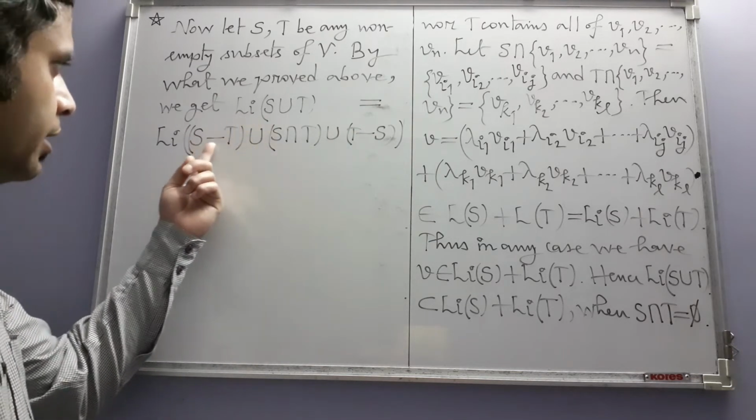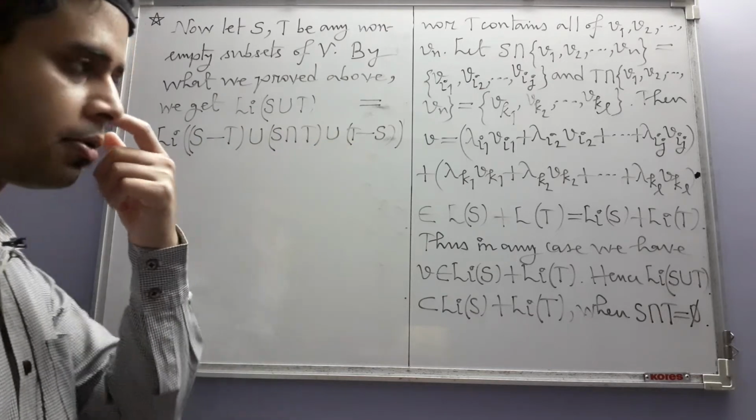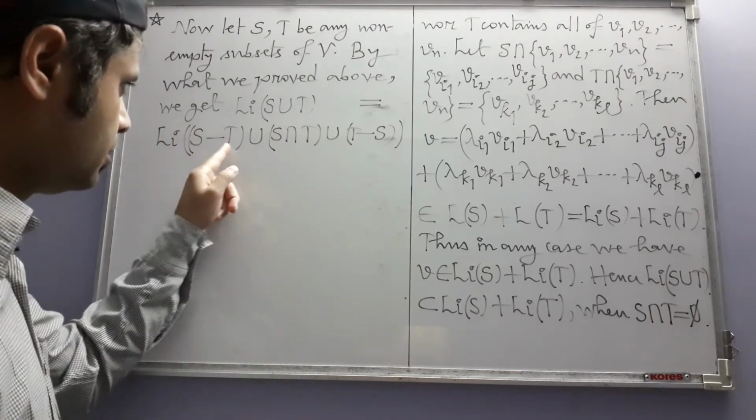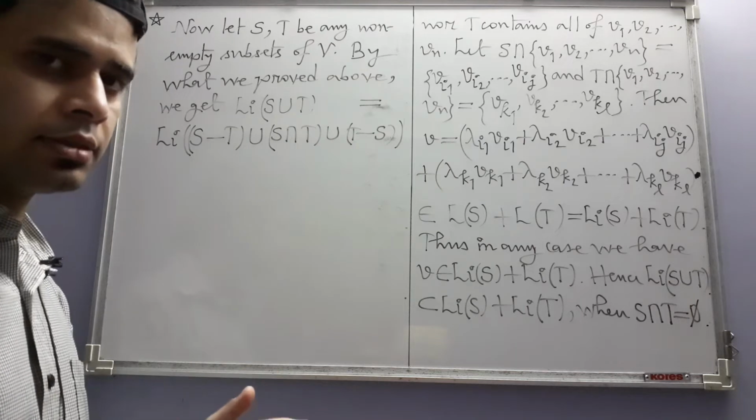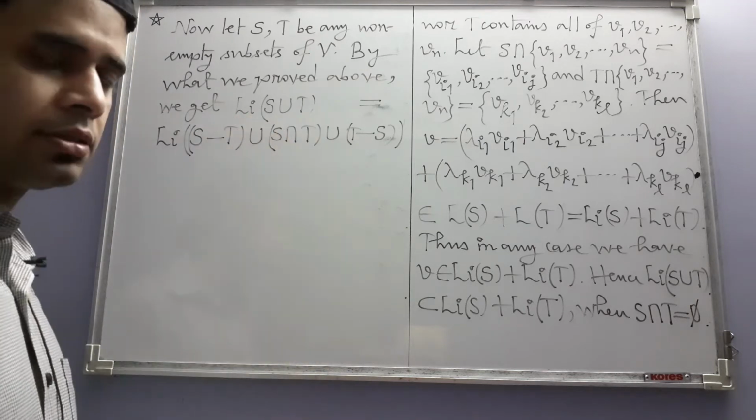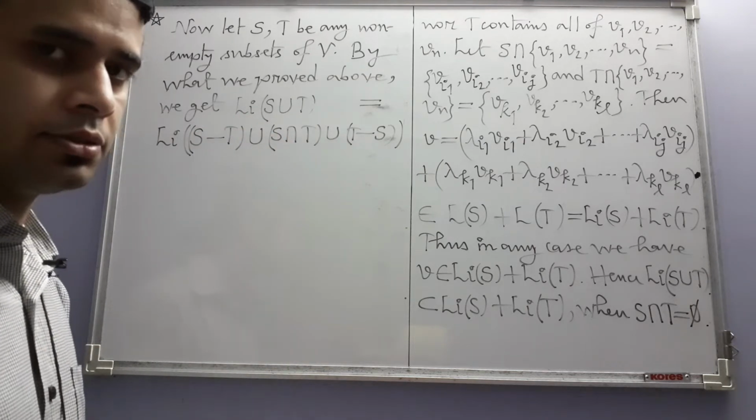S union T can be written like this, and one more thing we know is that these three sets which are subsets of S union T, they are mutually disjoint.